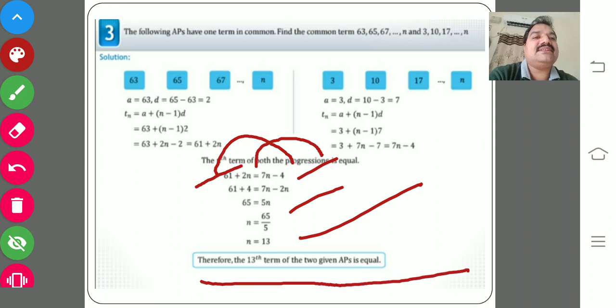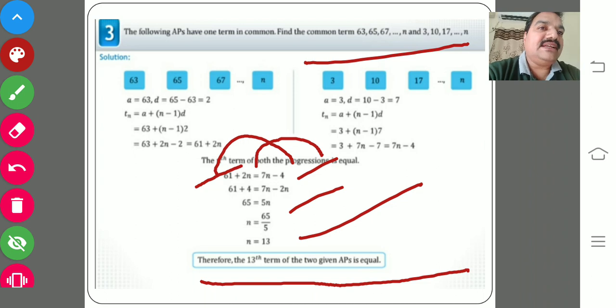Therefore, the 13th term of the two given APs is equal. If you write 63, 65, 67 up to T13, and for the second, T1 equals 3, T2 is 10, T3 is 17, like that, up to T13, in both cases the T13 value is equal. I hope you could understand, children.